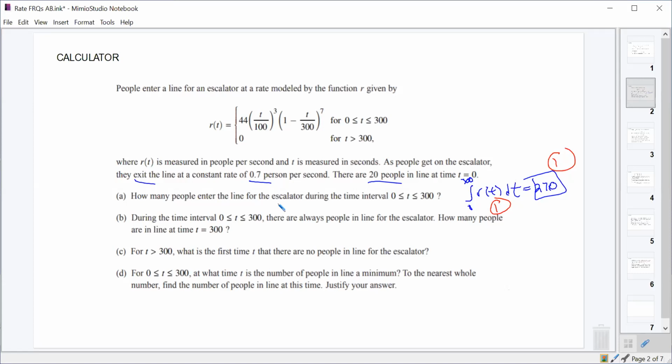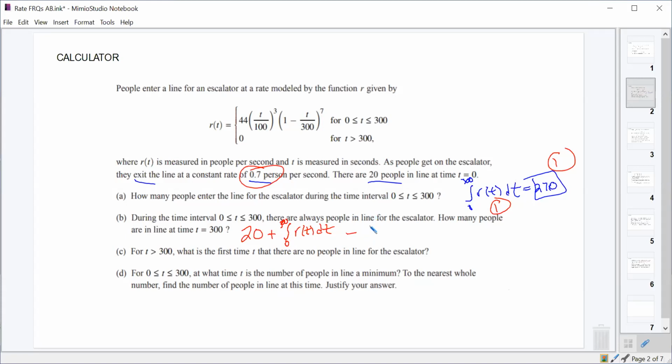Well, the number of people in the line at t equals 300 ought to be the number that there were originally in the line, which would be 20, plus the integral of the rate at which they enter the line, 0 to 300, of r of t dt, which we just found to be 270, minus the integral of the rate at which they exit the line.